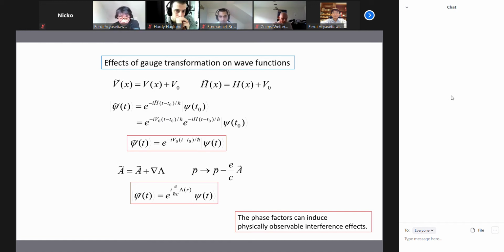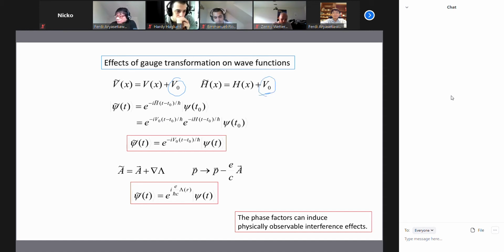So let's see what happens here. Let's start with just changing the potential, adding a constant to the potential. So we have two Hamiltonians, H and H tilde. They differ just by this constant here.